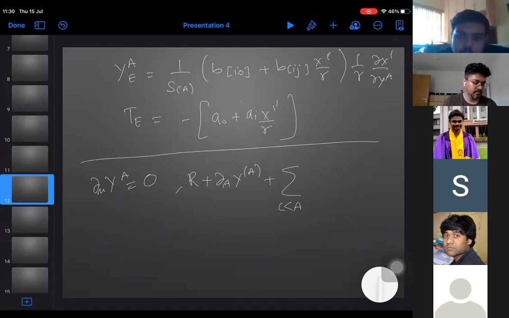Okay. So I was writing the exact form of the Killing vectors, which is given by this here, that belongs to the BMS.